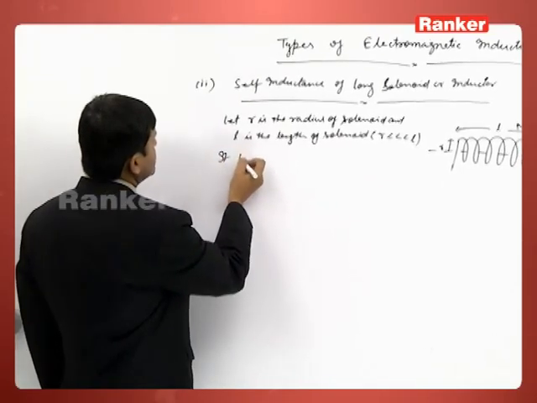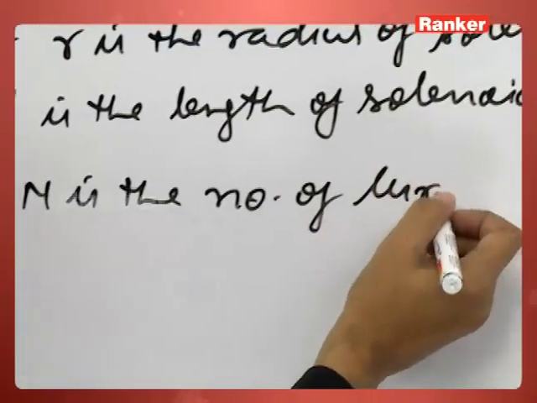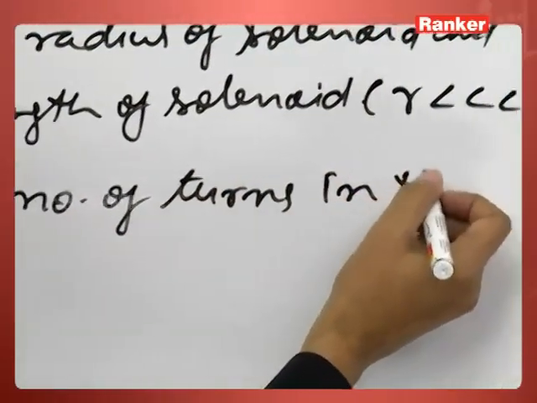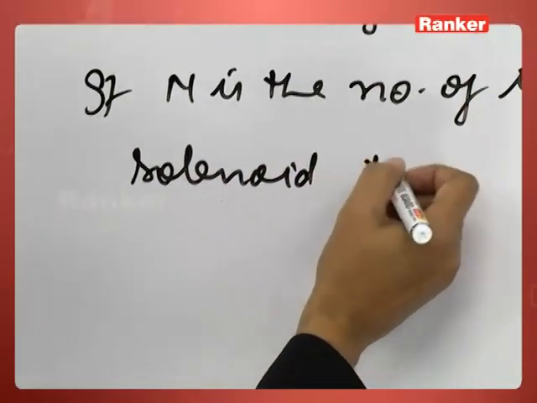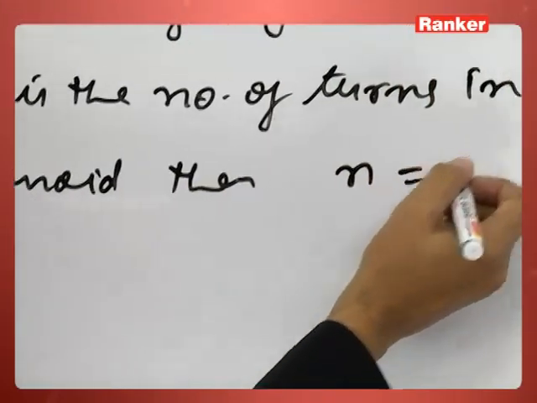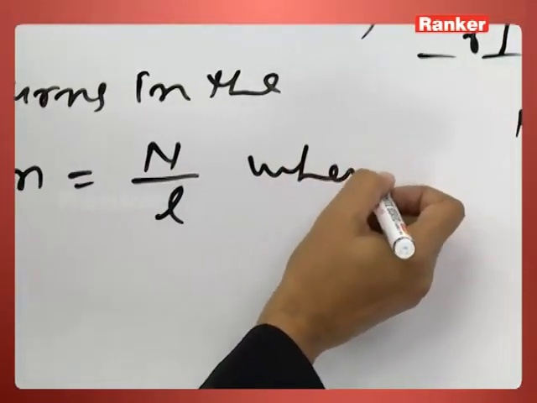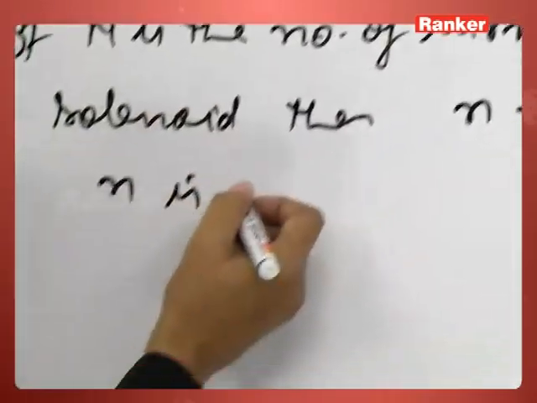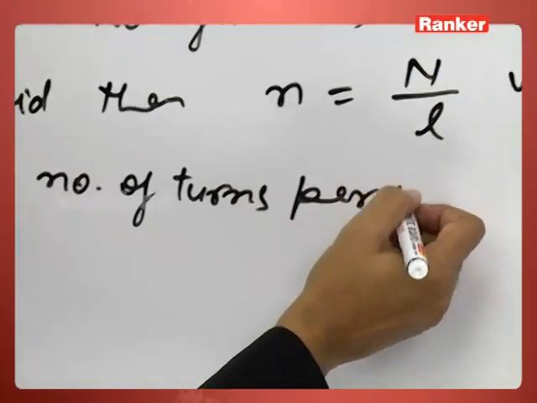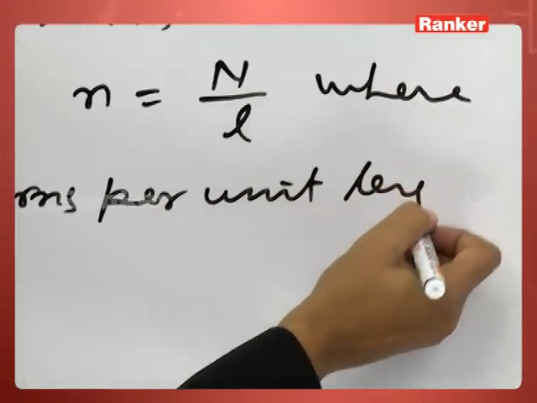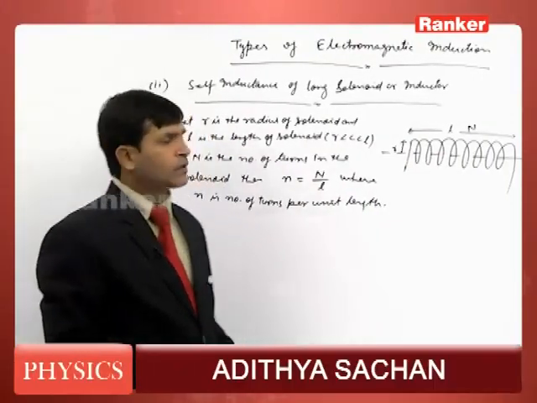If N is the number of turns in the solenoid, then small n is written as capital N by L, where small n is the number of turns per unit length. So this is the basic information related to the solenoid.